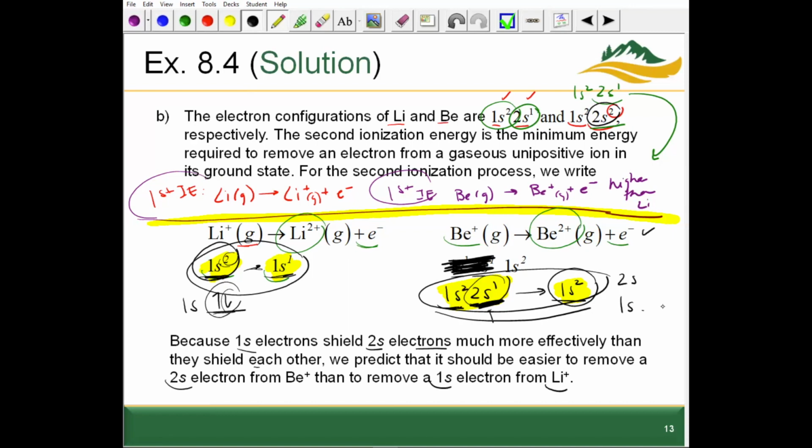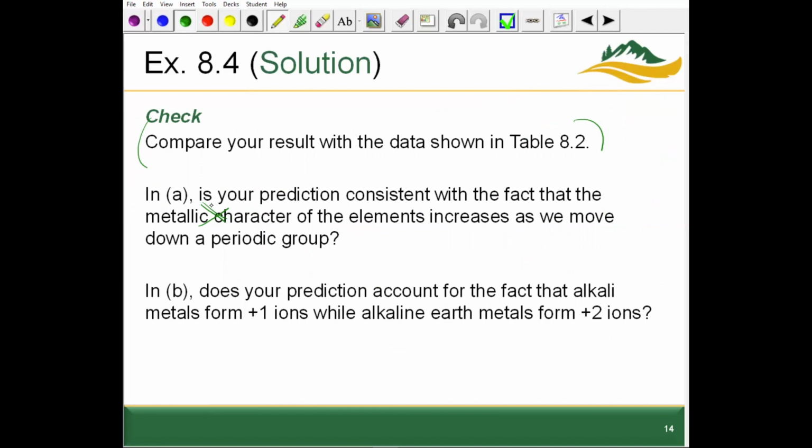For beryllium, however, we're filling the 1s subshell, and in the 2s we have 1 electron. So these electrons here are in between the nucleus and this 1 electron, making this one easier to remove than one of these. So don't worry about this idea of metallic character here.